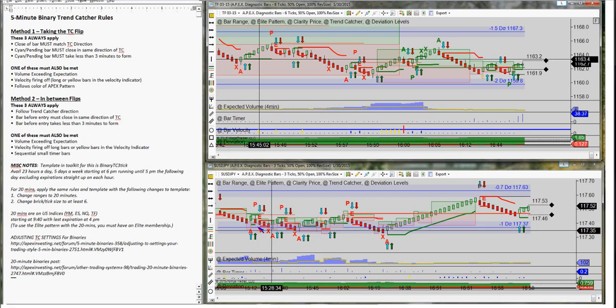So I personally am not going to enter another trend catcher until I see this chop clearing out. And I don't want to see a bunch of flat lines. I want to see something actually starting to move. In any of these, you had 4 bars and it changed. Yeah, you could have made a profit in some of these.